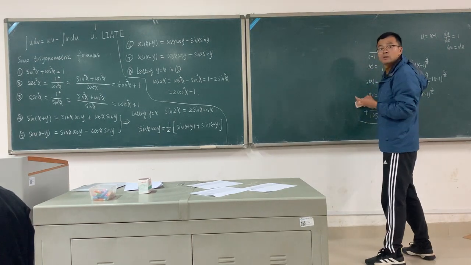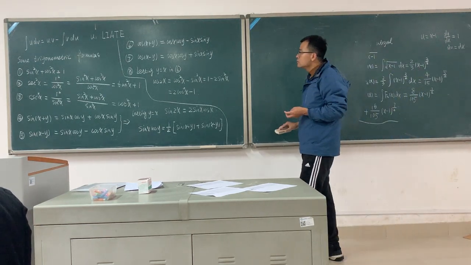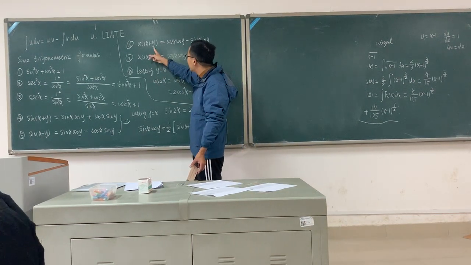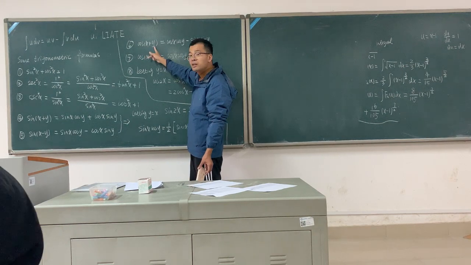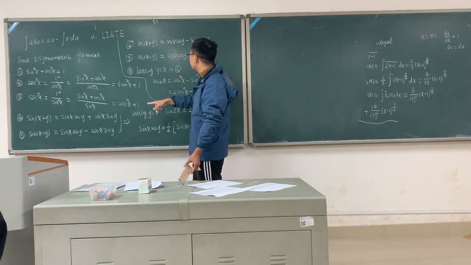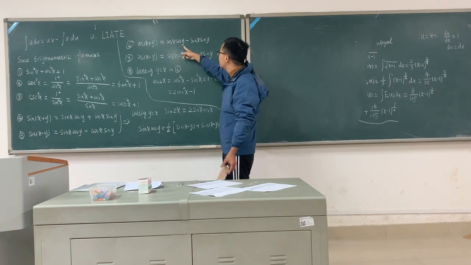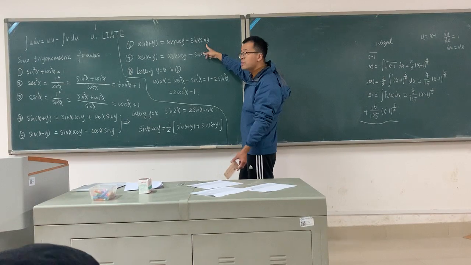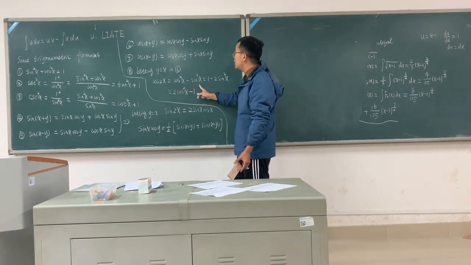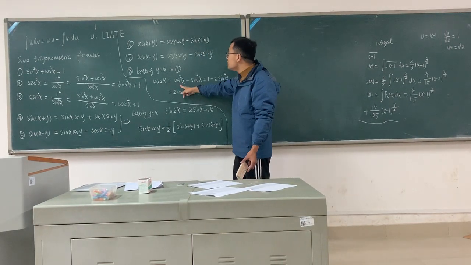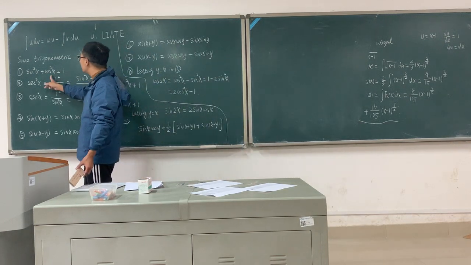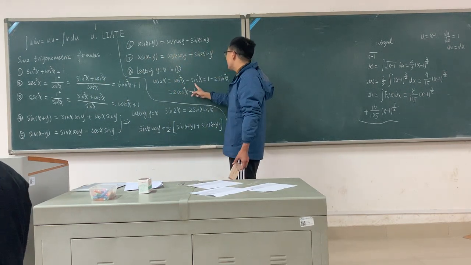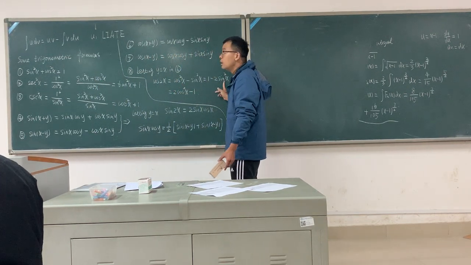Now let me explain number 8 again. We let y equal to x. So cosine of x plus x is cosine 2x. Cosine x times cosine x is cosine squared. Sin x times sin x is sin squared. Cosine squared minus sin squared. Cosine squared equals 1 minus sin squared, so it is 1 minus 2 sin squared.